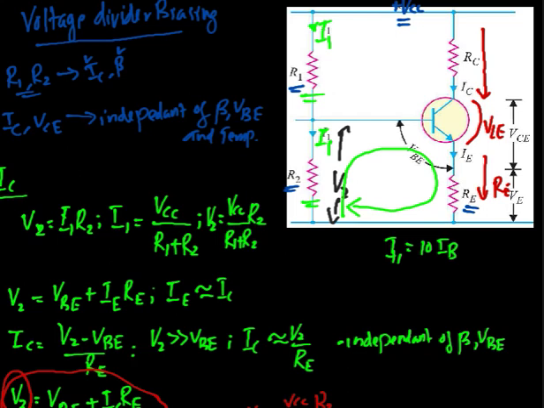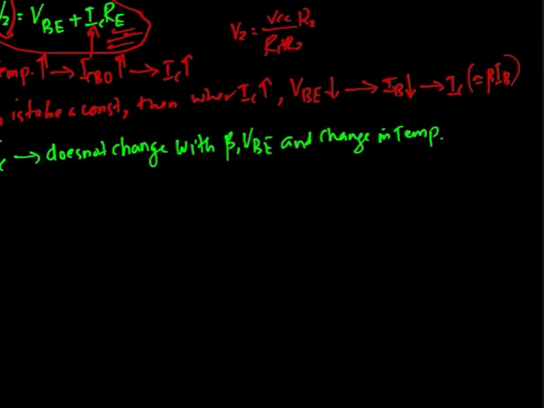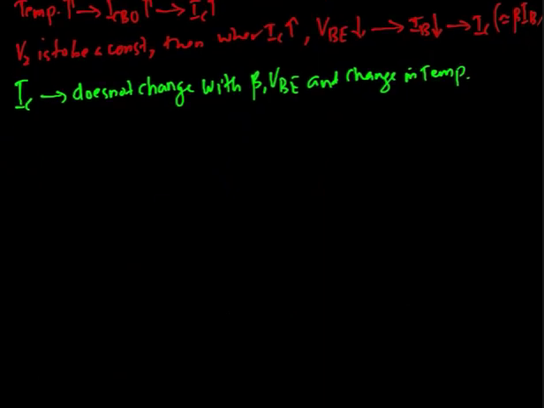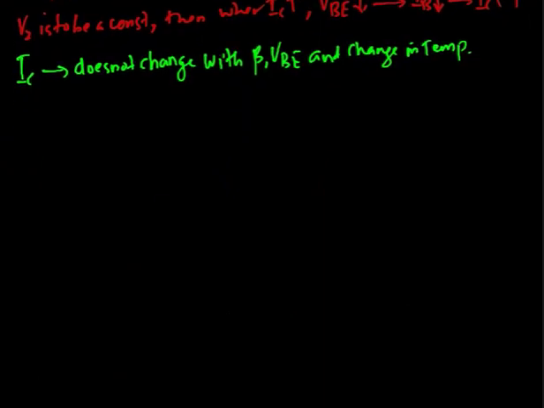Now if we apply Kirchhoff's voltage law to the output portion of the circuit, we can write the equation of the currents and voltages in the output as VCC equal to ICRC plus VCE plus IERE, but we have assumed that IE is approximately equal to IC.